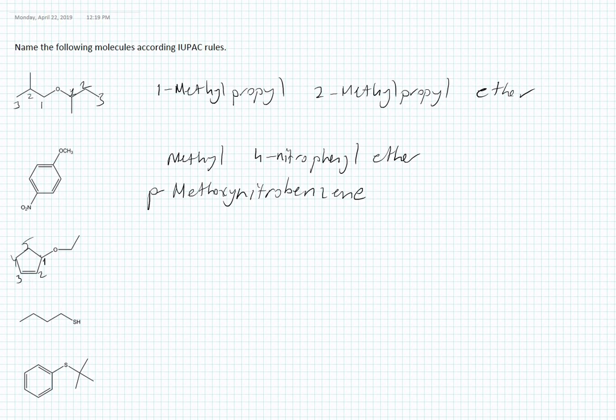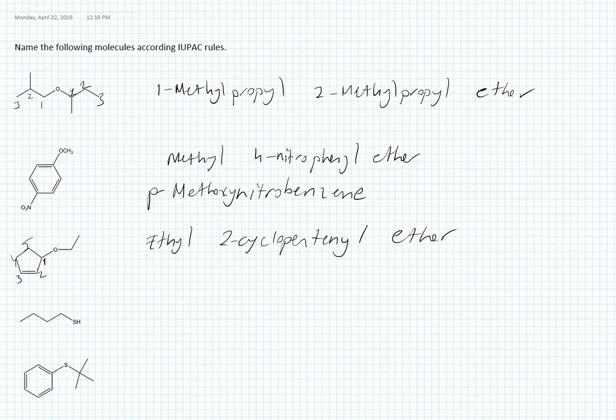This will be 2-cyclopentenyl and ethyl ether, but we have to say ethyl first. Ethyl, this part. Then we have to say 2-cyclopentenyl, not cyclopentene, as an alkyl or alkenyl ether.